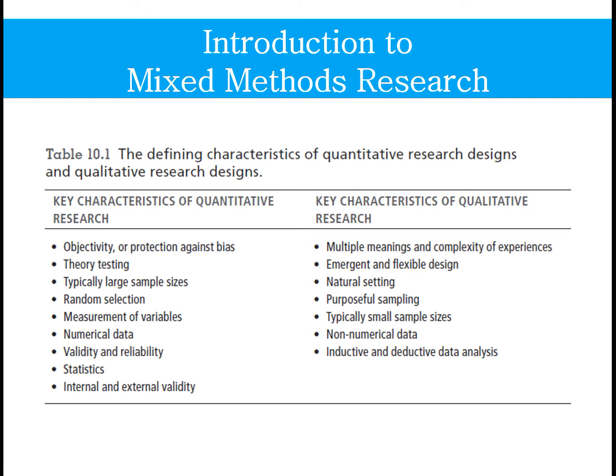In the chapter, they have this nice table that looks at the defining characteristics of quantitative and qualitative research designs. For example, quantitative is focused, it's very objective. You're trying to not be biased at all.